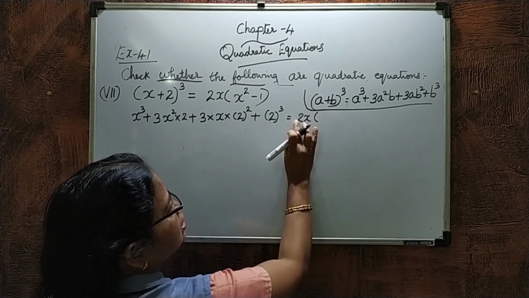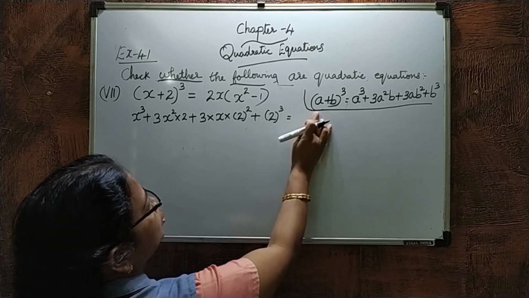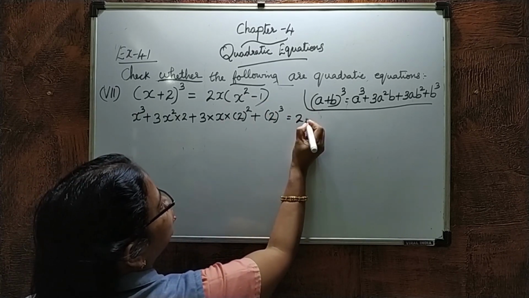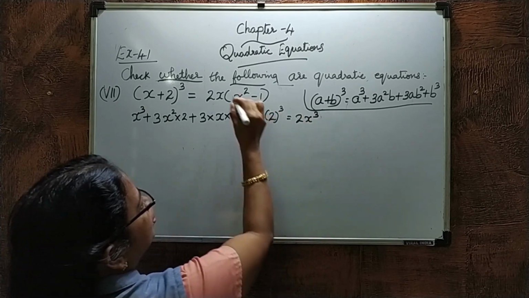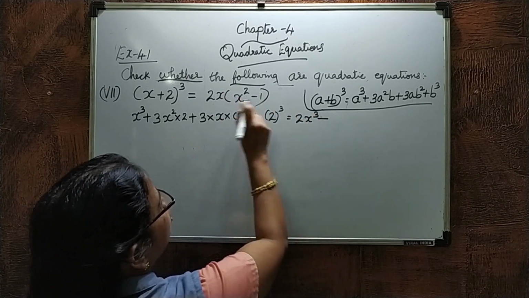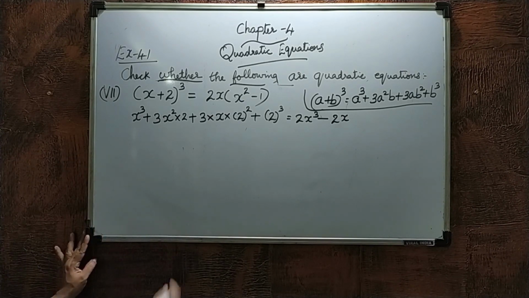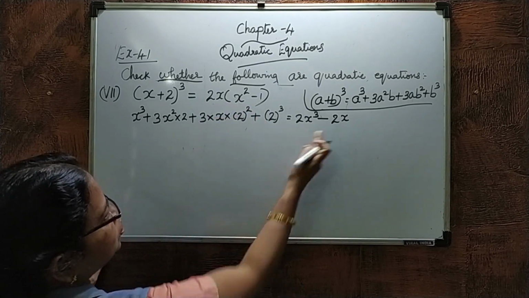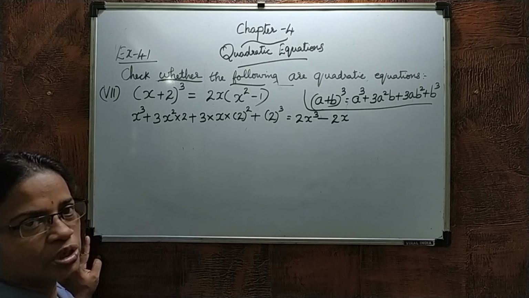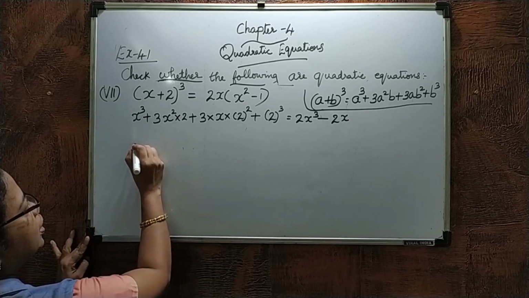So we will do it here itself. What is 2x into x square? It is 2x cube, minus 1 into 2x, it is 2x. Okay, we'll do it here.